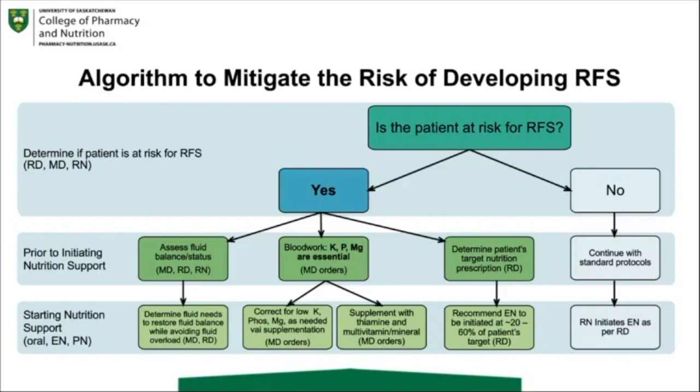Fluid balance needs to be assessed to determine the patient's fluid requirements to ensure that fluid overload is avoided. Blood work, including making sure that potassium, phosphorus, and magnesium are ordered, must be done before nutrition support is started and subsequently corrected via IV or oral supplementation.